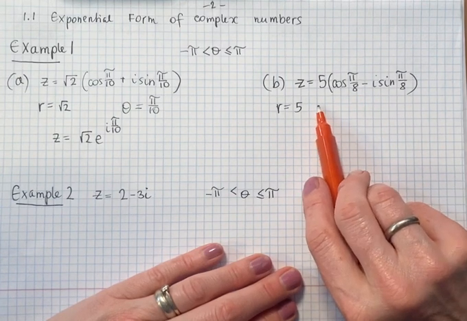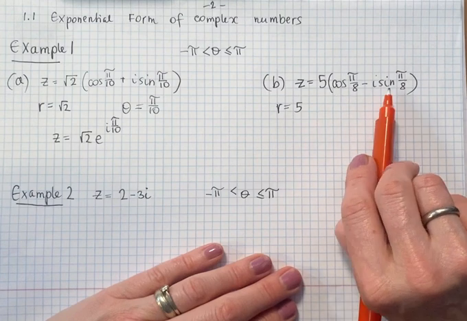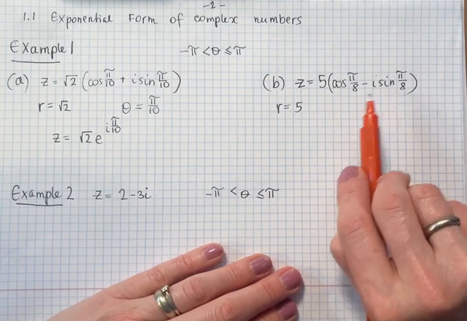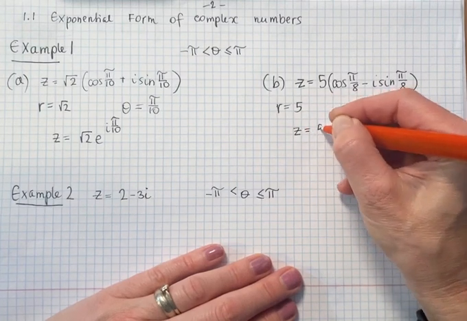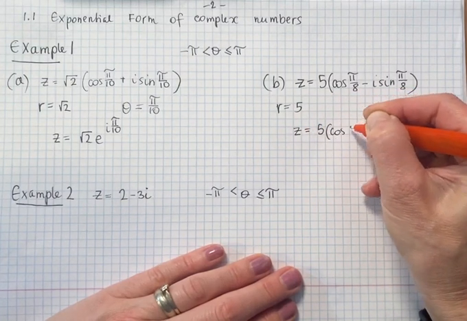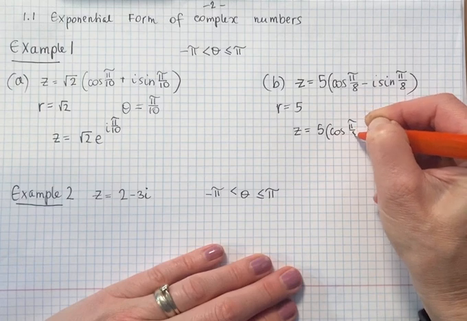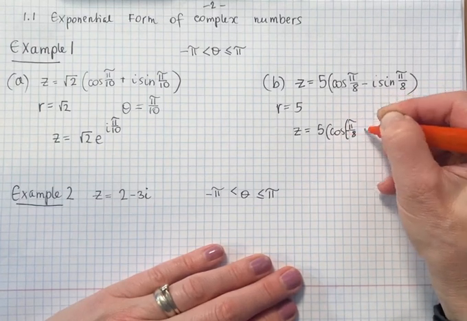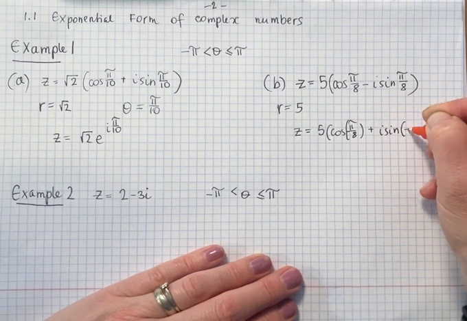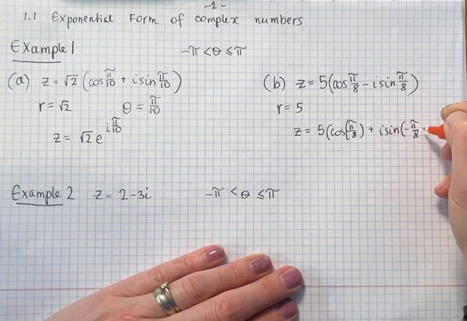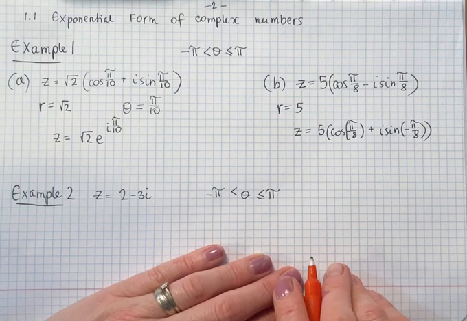So the argument is not going to be pi over 8. Let's rewrite this complex number with the argument that is negative, because that would be the argument of the complex conjugate.